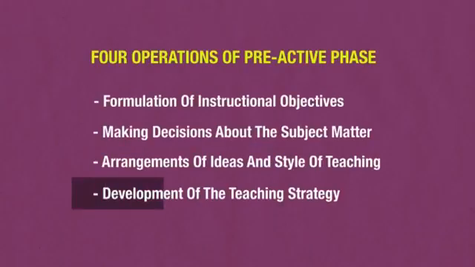Now, the fourth operation here is development of the teaching strategy. This includes overall teaching strategy to give a final look and revise what to perform in the class. Different strategies and techniques are selected for different elements of the subject matter, and sometimes a combination of strategies is applied for the purpose.